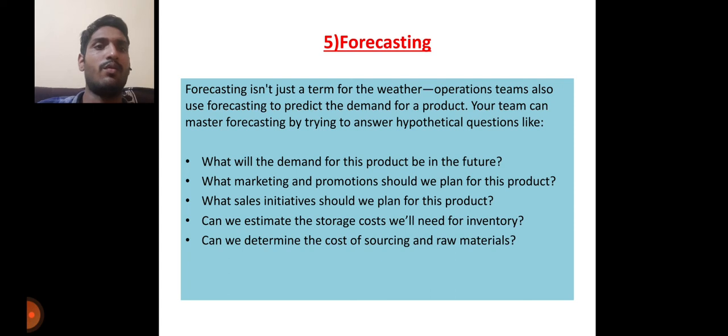Second, what marketing promotion should we plan for the product? Third, what sales initiatives should we plan for this product? Fourth, can we estimate the storage cost we will need for inventory? Can we determine the cost of sourcing the raw materials?